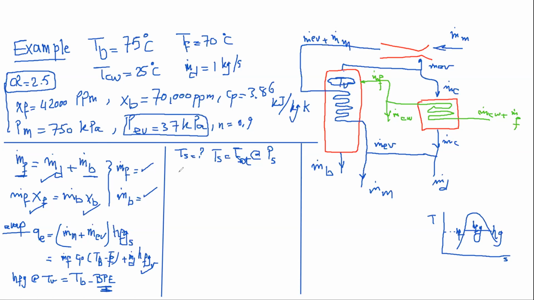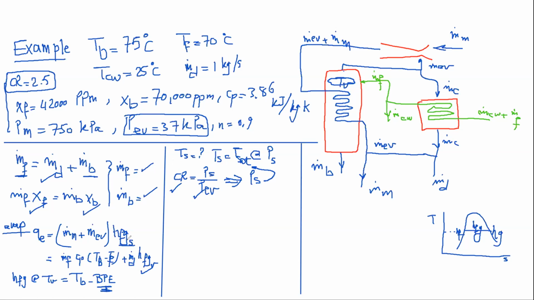Because the compression ratio definition is basically PS over PEV. CR is 2.5, PEV is 37 point some kilopascal. So from here, I can know the value of PS. Knowing PS, then I can get the value of TS. Knowing TS, I can get the value of HFGS.